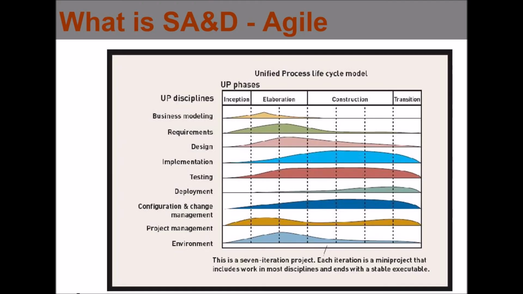Another piece that I really like about this model, let's take a look at what's going on inside, and take a look at the shapes of the curves that go through our Agile methodology here. The height of the curve is how much activity is going on in that phase.